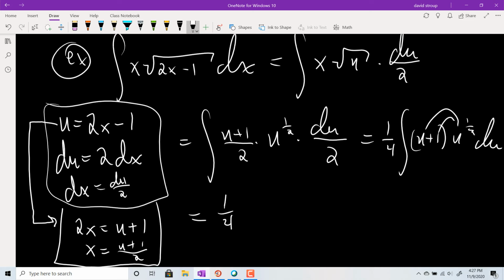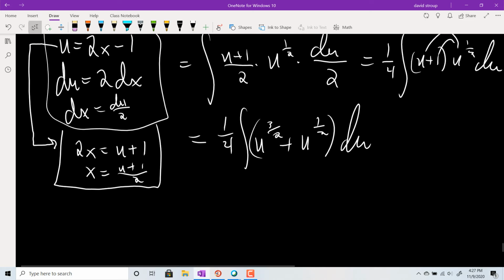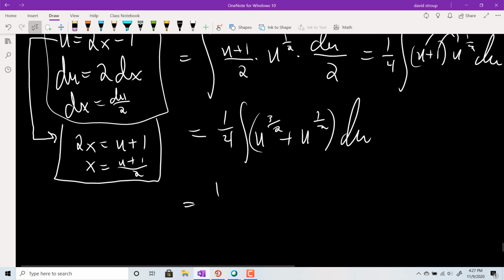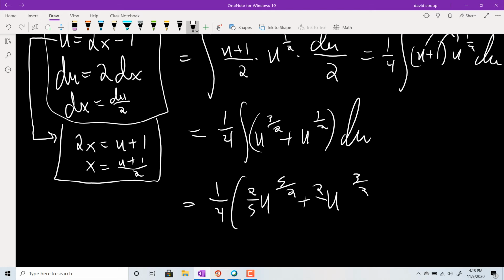So you end up with 1/4 integral u to the 3/2 plus u to the 1/2 du. Now I can integrate, right? Power rule: u to the 5/2 times 2/5 plus u to the 3/2 times 2/3 plus c.